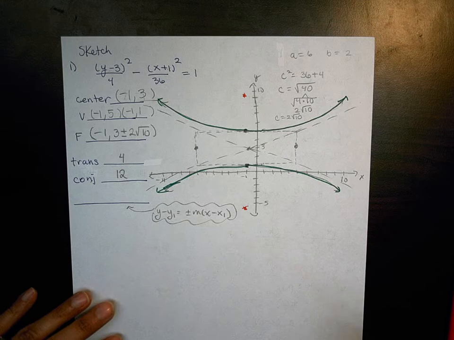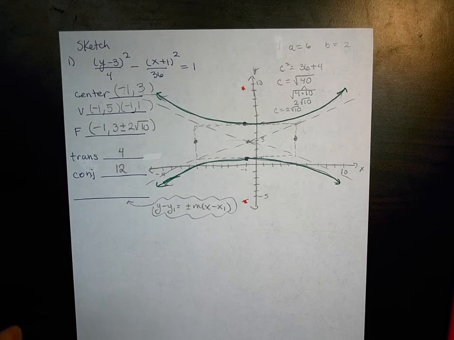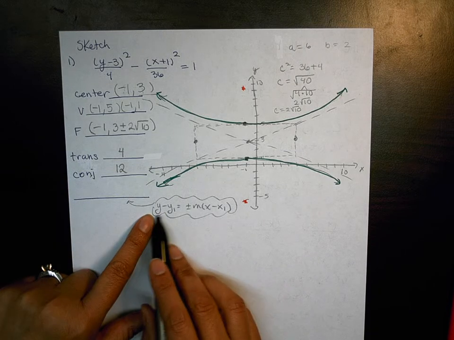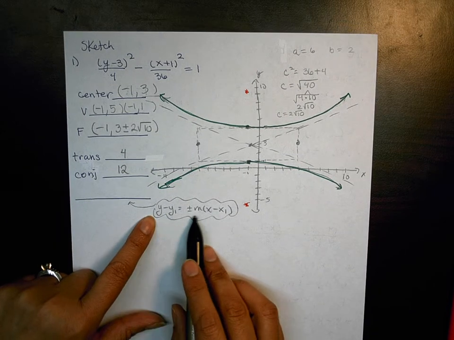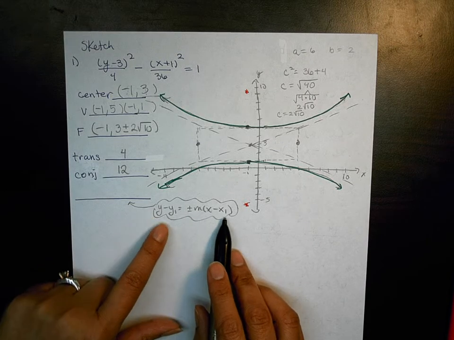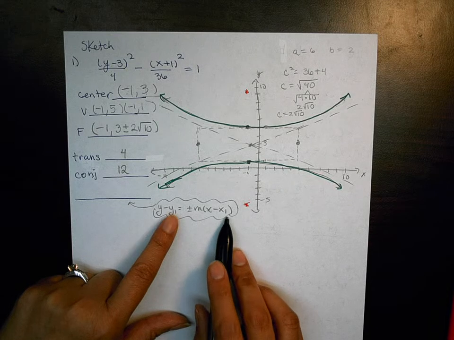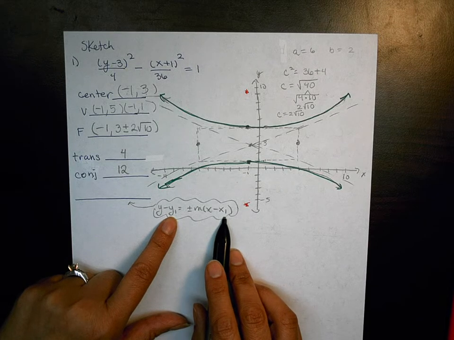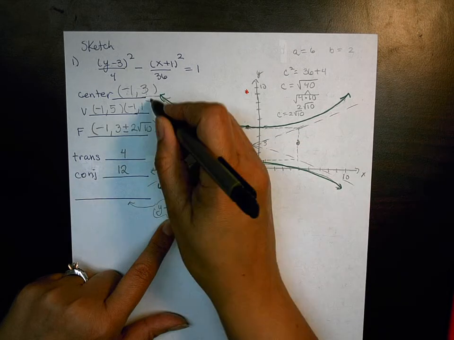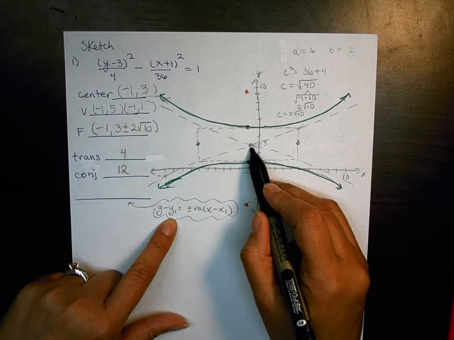Have we seen that formula before? Yes. Y minus y1 equals plus or minus the slope, x minus x1. Now, for the x1 and y1 point that we use, the center. Why the center? Because both lines have the same point at the center, right?